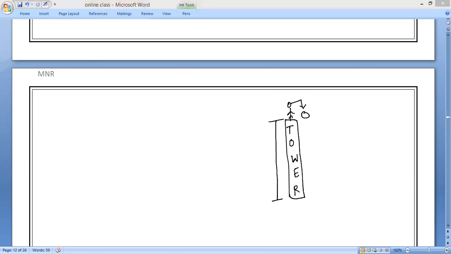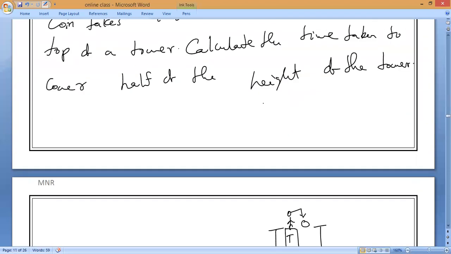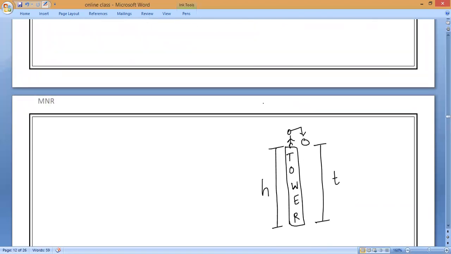He drops a coin. So now, let the total height of the tower be something. Let us consider the total height is h. Total height of the tower is H. Now, the total time taken to reach the ground, they said, is T seconds. Now, they are asking to calculate the time taken to reach the midpoint of the tower. Midpoint of tower means half, exactly.